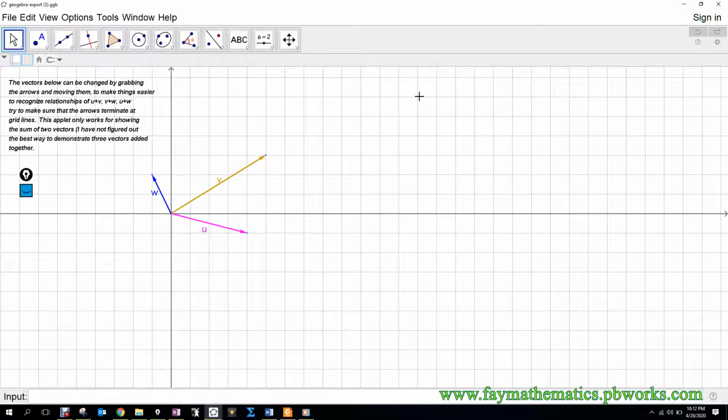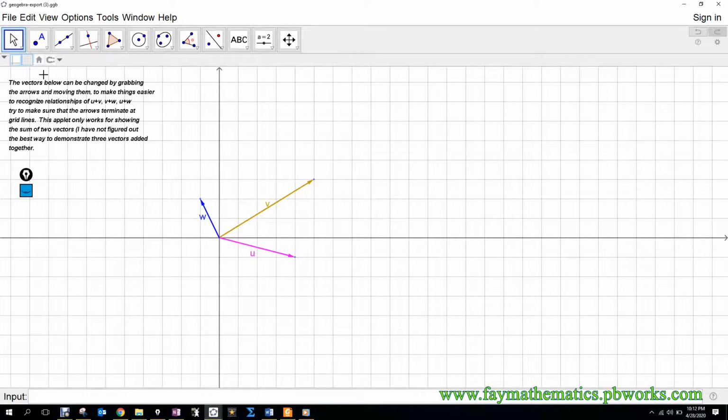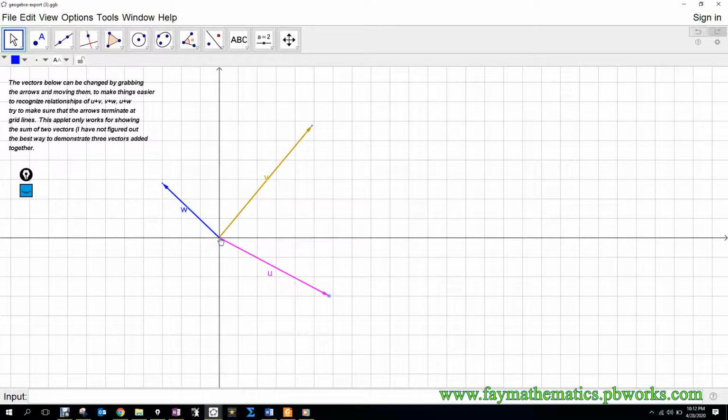This is on my website under section 9.1, if you want to download this yourself and mess around with it. It says the vectors below can be changed by grabbing the arrows and moving them. So move W, grab this one, V, and U. I've got them all stuck here at 0, 0, so they're kind of position vectors, but I can move them around if I want to. So that W and that W would be the same.